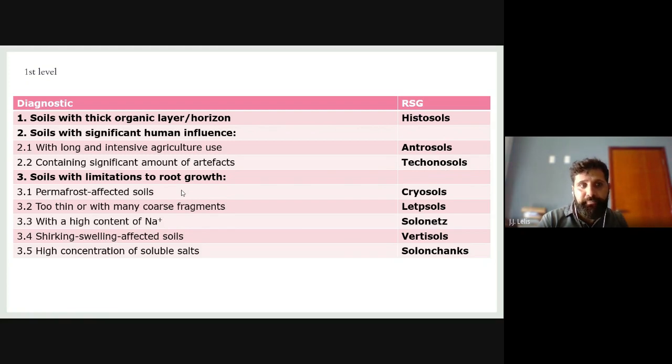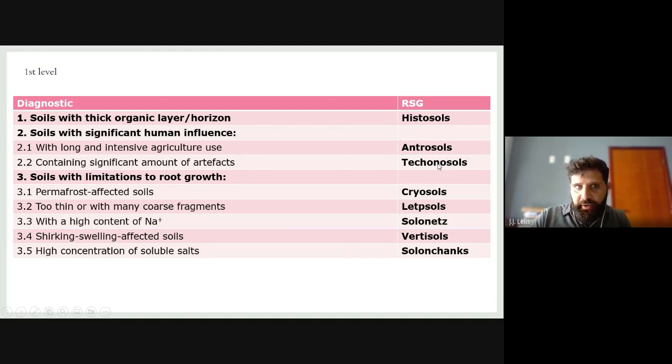Okay, so those soils that are affected by very low temperatures, below 0 Celsius degrees, are called cryosols. Okay, and remember, they should not present a thick organic layer or horizon, and they should not present a significant human influence. If they have one of these properties, they are not cryosols, they are histosols or anthrosols or technosols.